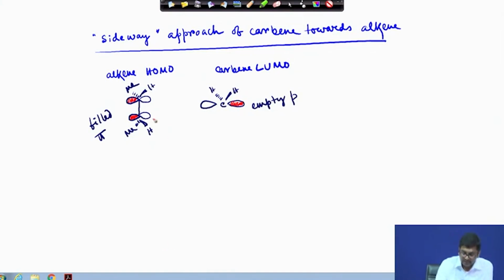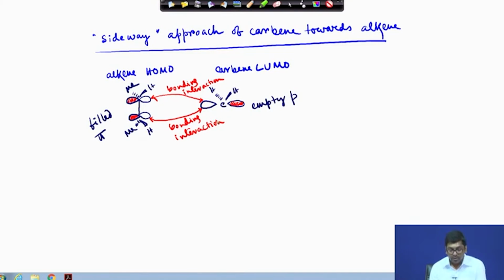Now, if we say that the sideway approach, it is nicely giving this bonding interaction. Okay. So, both ways it is giving the corresponding bonding interaction, here also bonding interaction, here also bonding interaction.